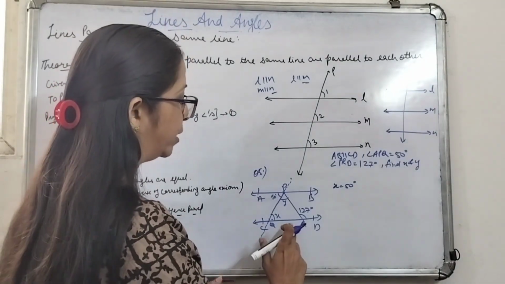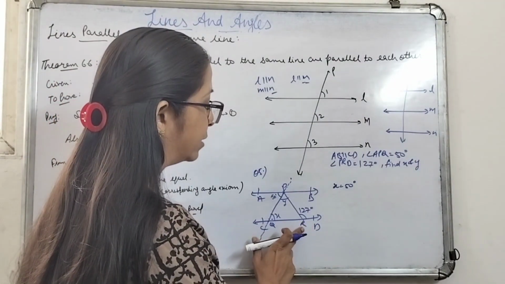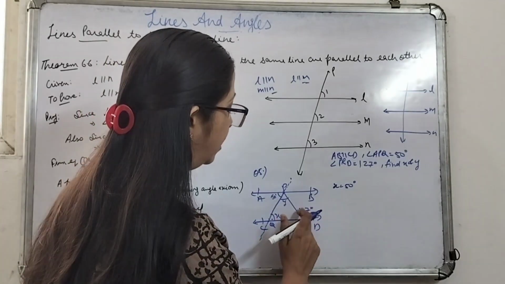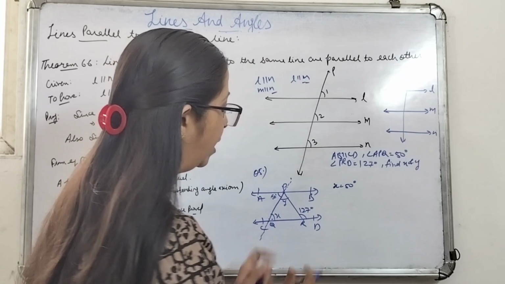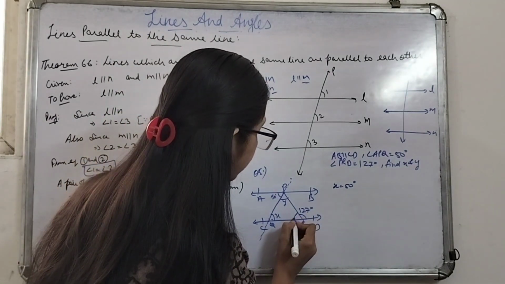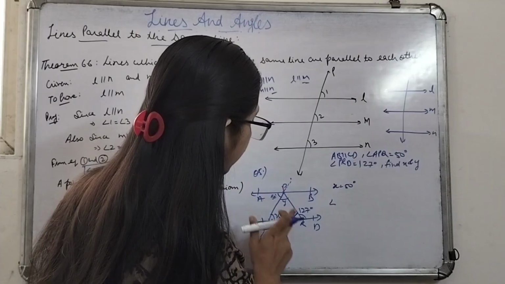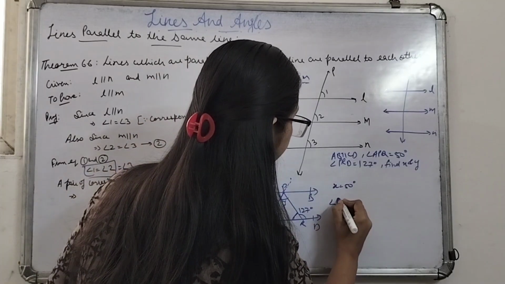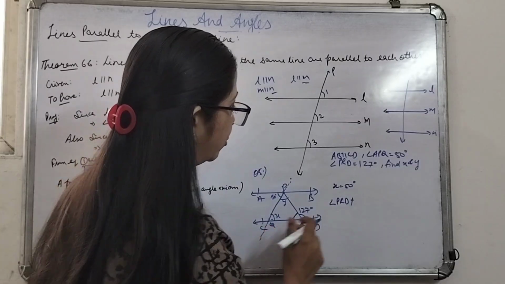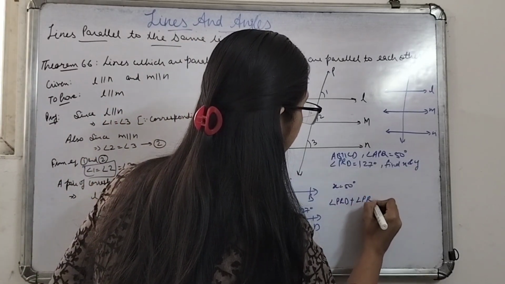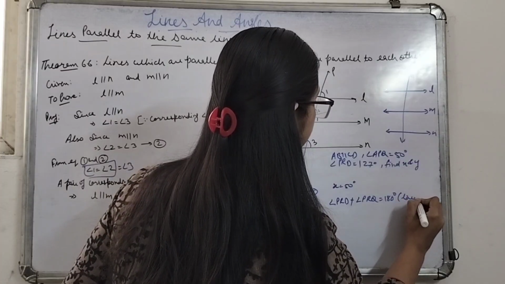Now we can see over here at this point R, CD is a straight line. At this point R, this is a linear pair of angles. That means this is 127. And suppose I am going to say this angle, now angle PRD plus angle PRQ will be 180 degrees because they are linear pair of angles.